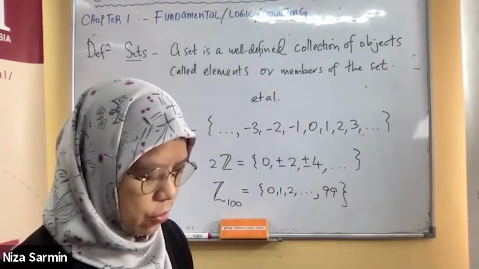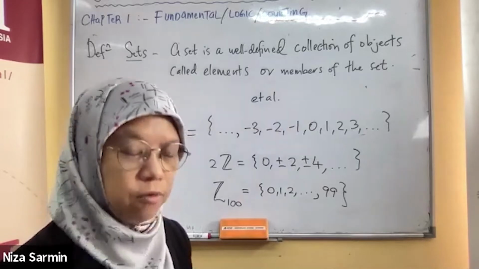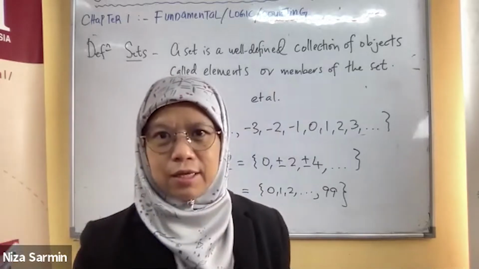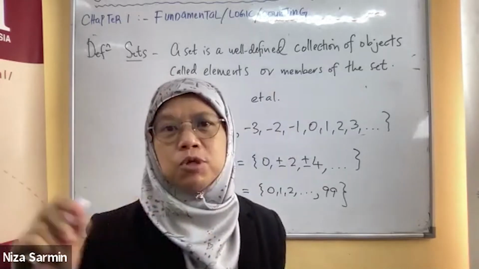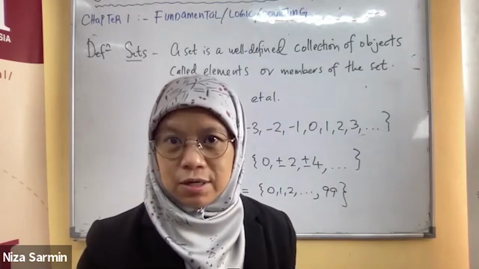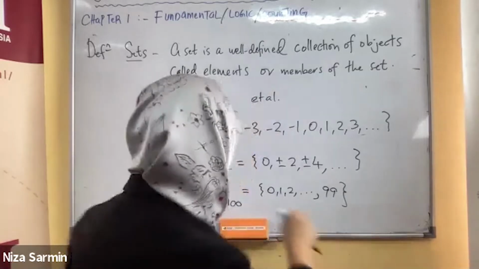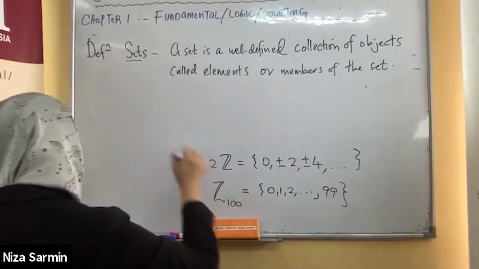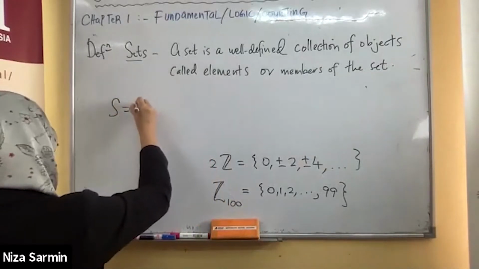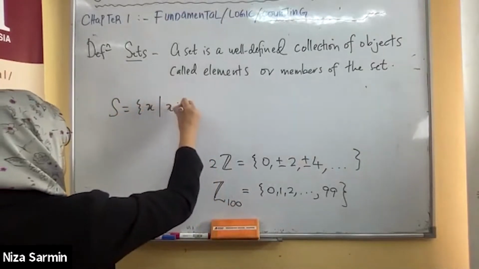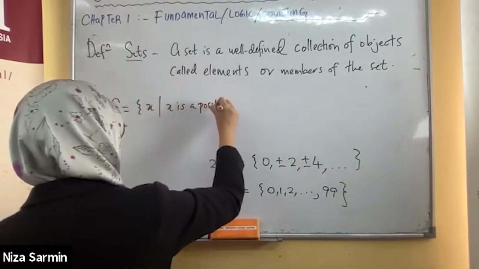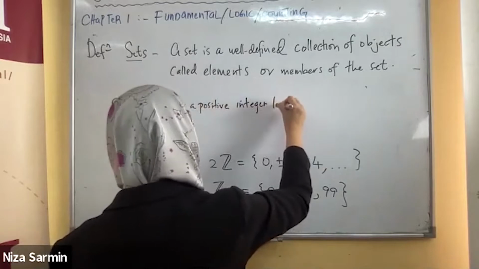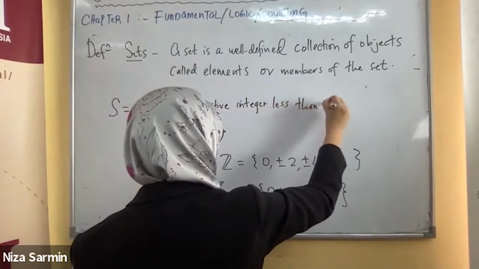Okay, so you can write sets in terms of listing or in terms of writing. The example there, X is positive integers less than 100. So you can put three different types of this set. S is X is a positive integer less than 100.